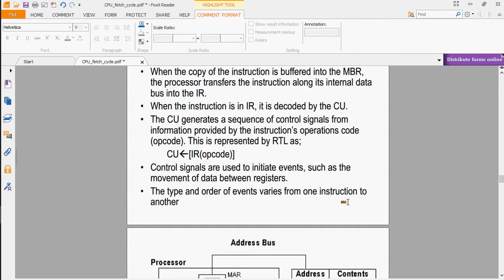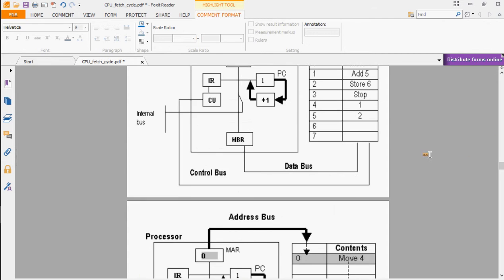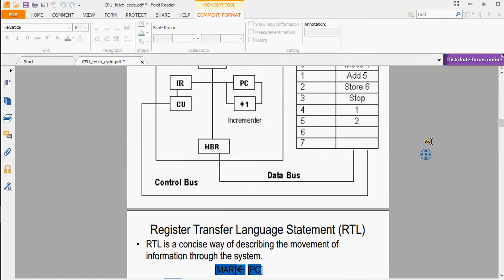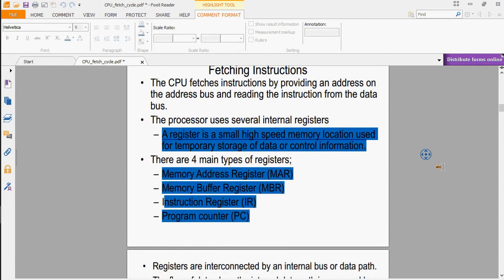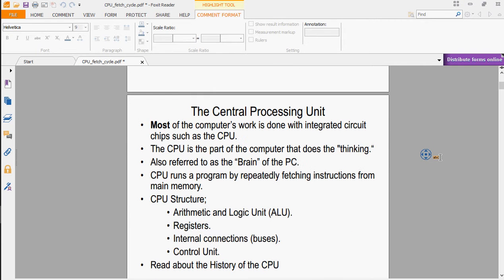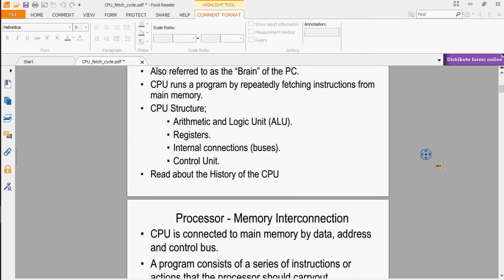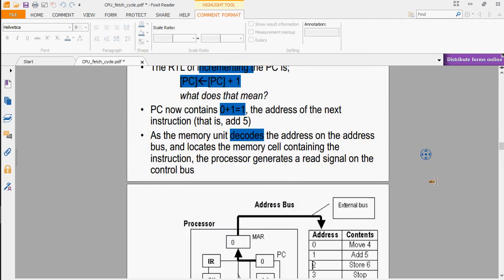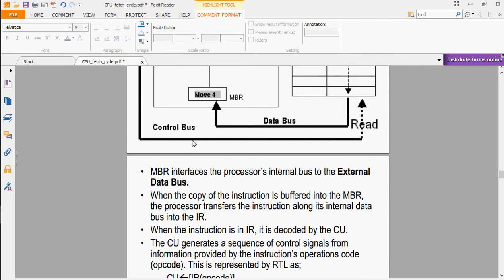Now we have the CU, which is the control unit. I think that is the control unit there.